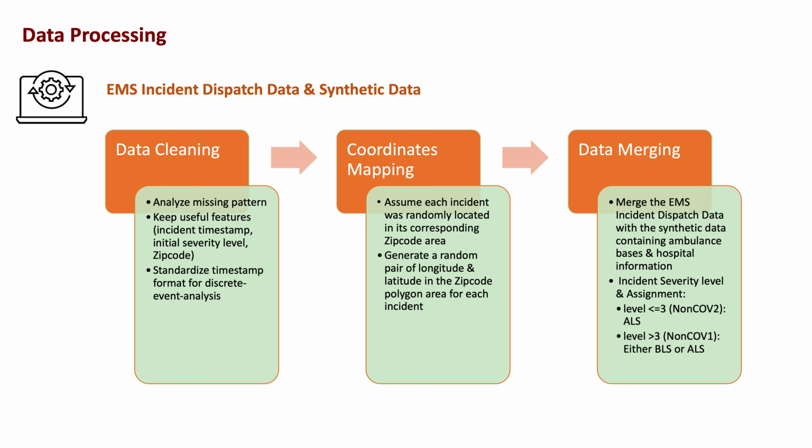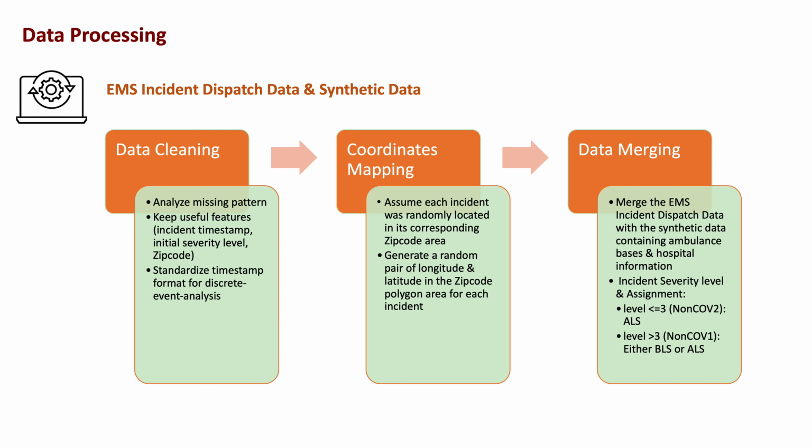Next, we come to the data processing. As mentioned above, there are two data sources. One is the EMS incident dispatch data, which contains information about each real incident in New York City. And the other one is synthetic data, containing information about hospitals and ambulance bases. We first did some data cleaning, including analyzing the missing pattern, and decided to keep three useful features: incident timestamp, initial severity level, and the zip code.